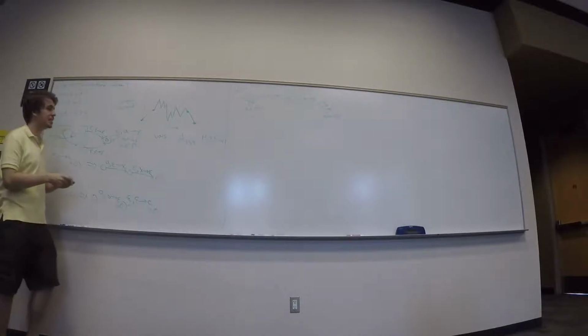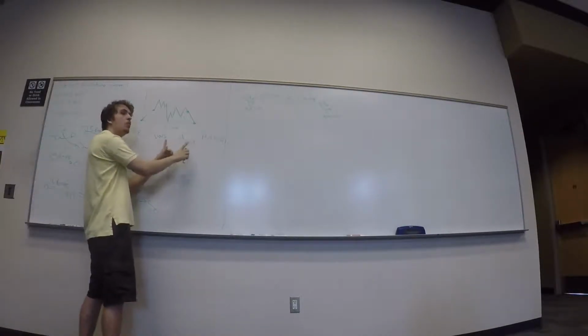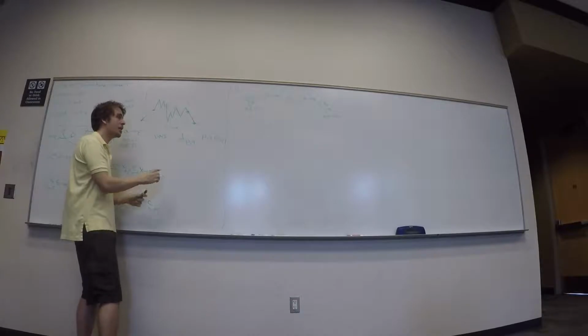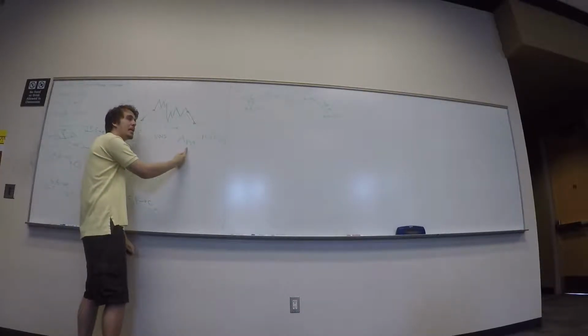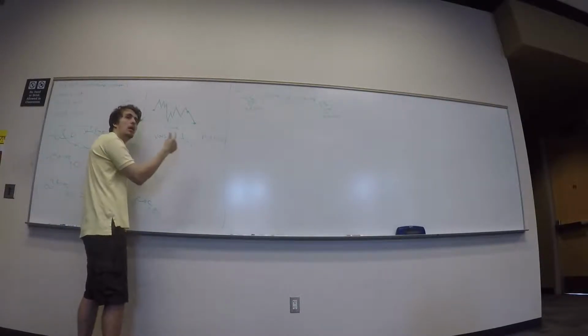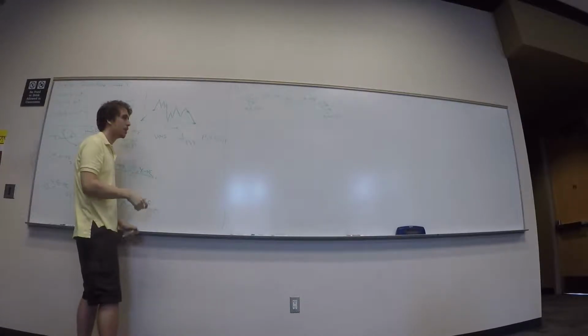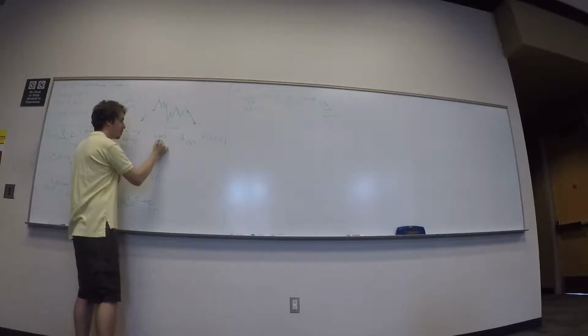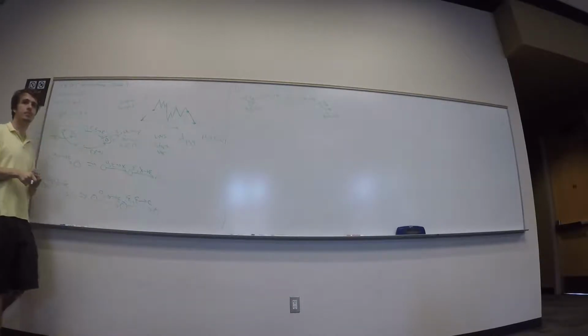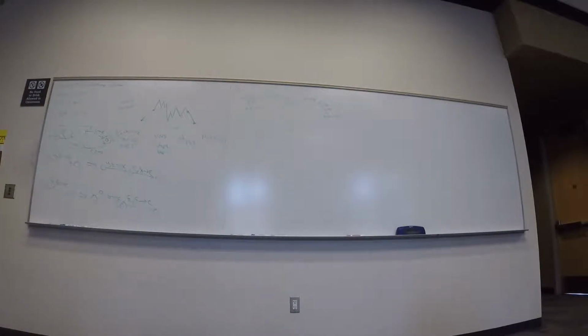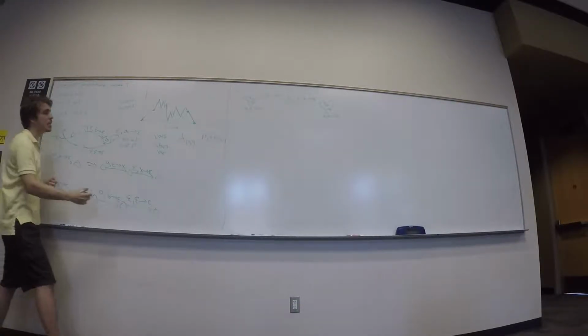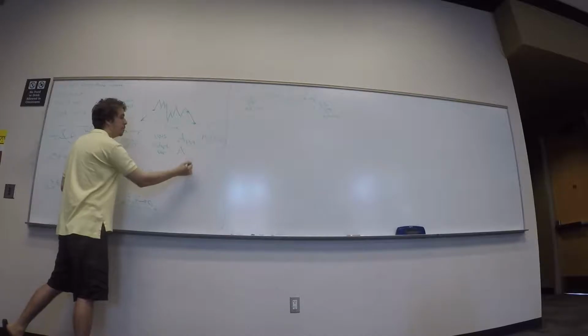So all this means is that this variable right here will generate all strings that take me from state P to state Q with the same stack height. So for that reason, what is the start variable? Well, it's definitely going to be of the form A sub something.